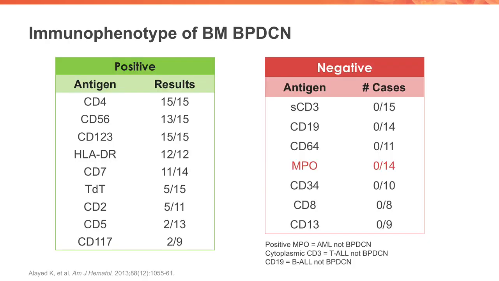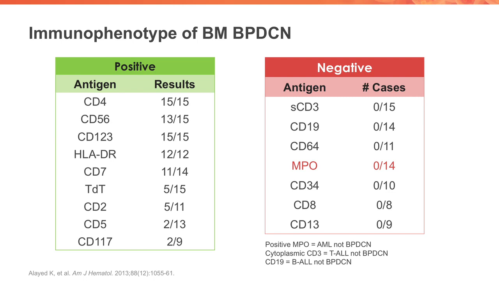This slide reproduces again the immunophenotype of bone marrow BPDCN by flow cytometry. This analysis has looked at a number of primary BPDCN samples. The majority of them have expressed the markers that I already mentioned. In addition, HLA-DR was expressed in the majority of BPDCN. They express variable numbers of TdT, CD7, CD2, CD5, and CD117, which are non-specific markers for BPDCN.